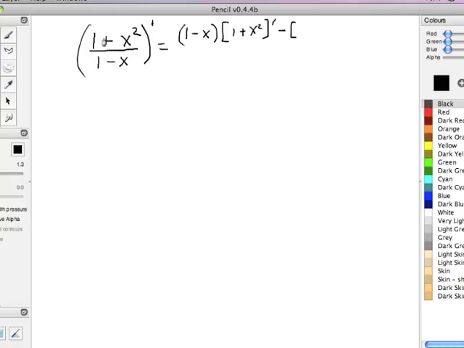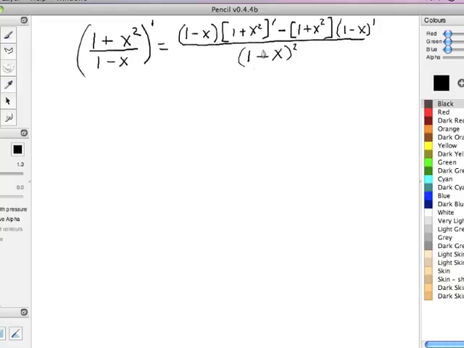The high is the numerator, 1 plus x squared, d low, so I'm going to write (1 minus x) prime, all over low squared, (1 minus x) squared.